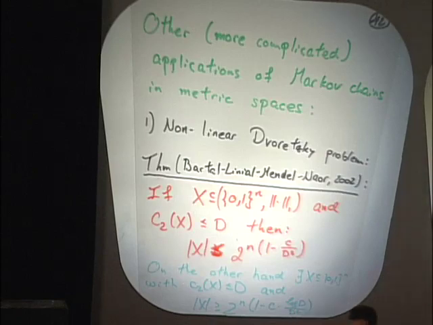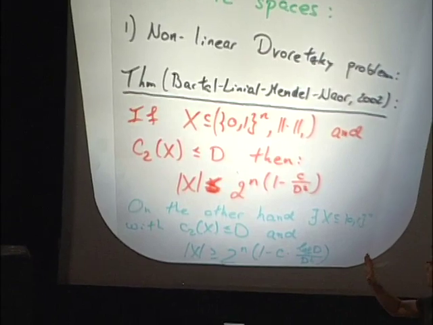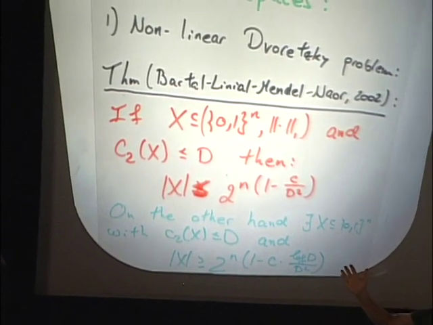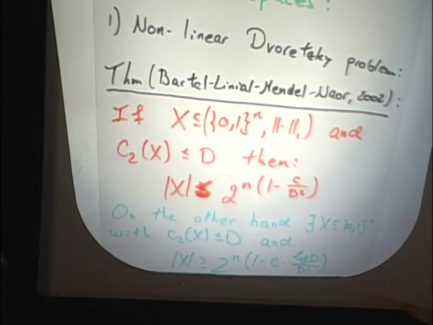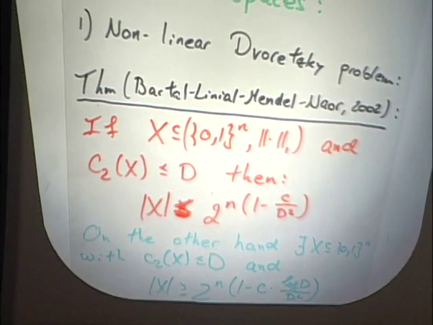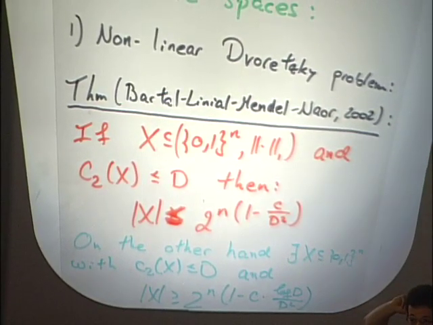You look at essentially the simplest object that you have: {0,1}^n, the usual Hamming cube. The distance is the L1 distance, so the distance between two vectors is the number of coordinates where they differ. And I tell you I have some subset of it that is Euclidean up to a factor of 100. Can it be big?